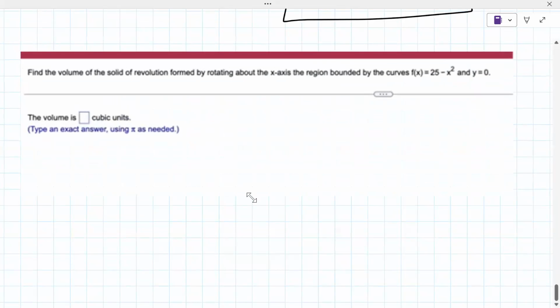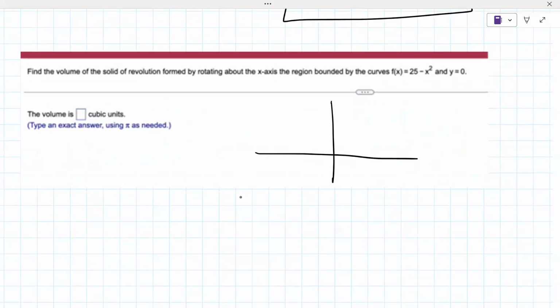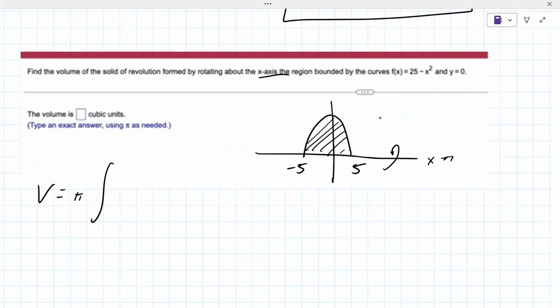Okay. Next one here. So this time you got to know what this curve looks like. 25 minus x squared looks like this. Goes from -5 to 5. And you're revolving it around the axis again. So you're going around that way. So the volume is pi integral from a to b r squared dx.